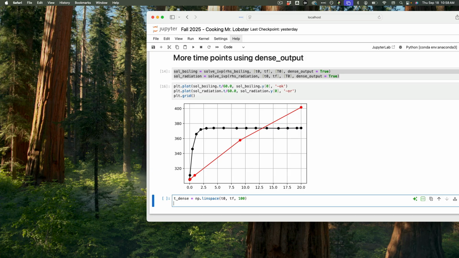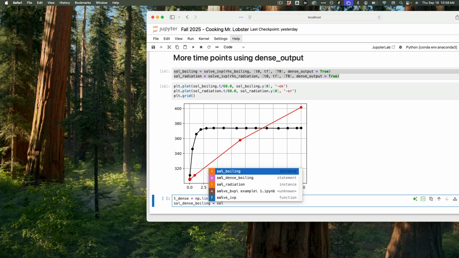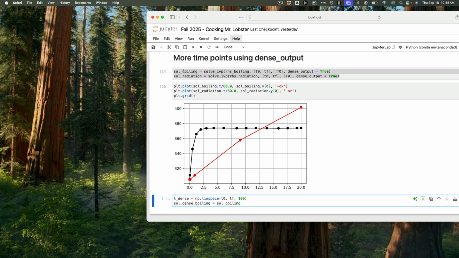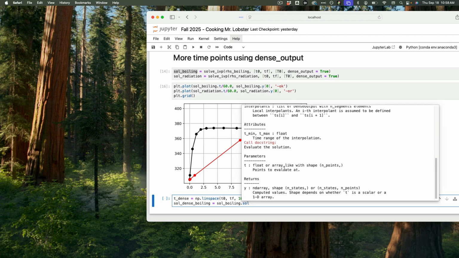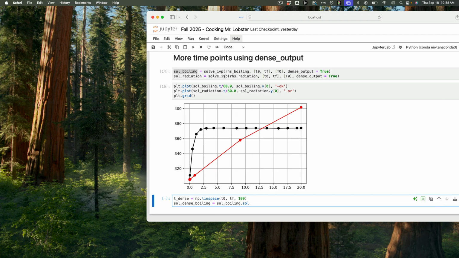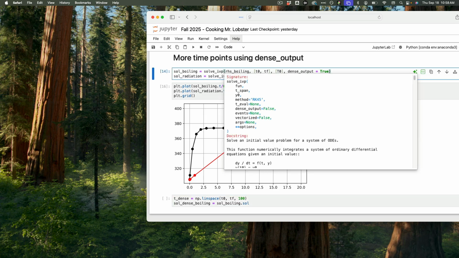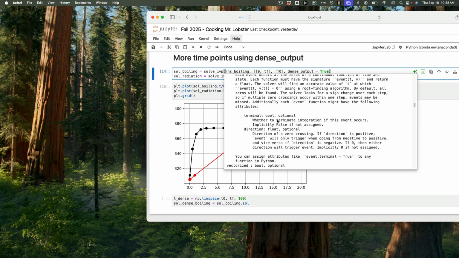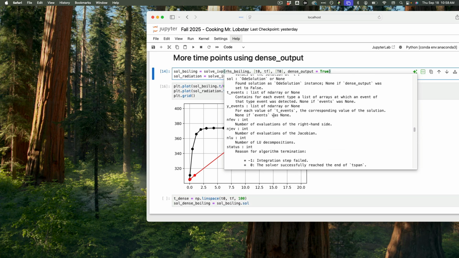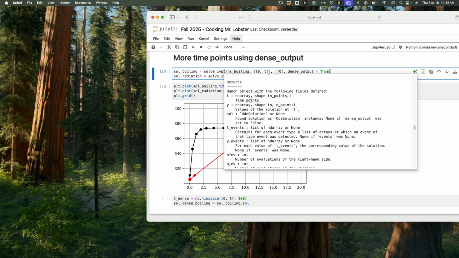And then you want to access the dense solution. So sol dense boiling. That's what the boiling is going to be, sol boiling, which is this guy, sol boiling, and from that object I want to access sol. Okay, so if you look at solve_ivp, what it returns, if you scroll down here, it's going to return an object.